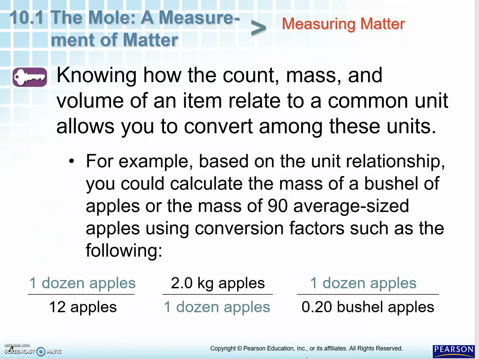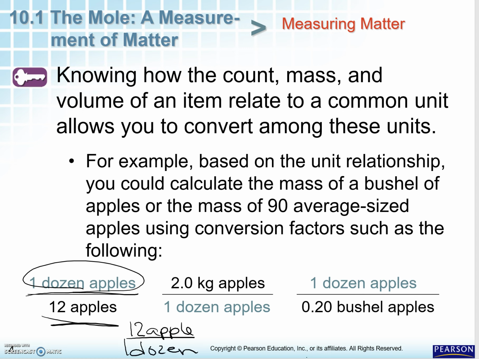Knowing how the count, mass and volume relate to one another, you can convert among those units. So it's important to understand that the first step you always want to take is to determine how they are related. For example, you could have a dozen apples over 12 apples, or you could flip those over and have 12 apples in 1 dozen.